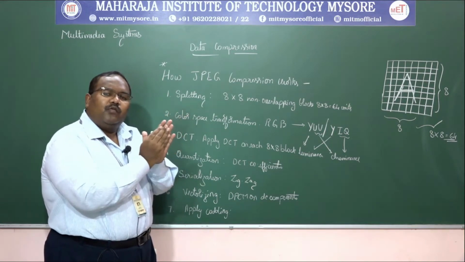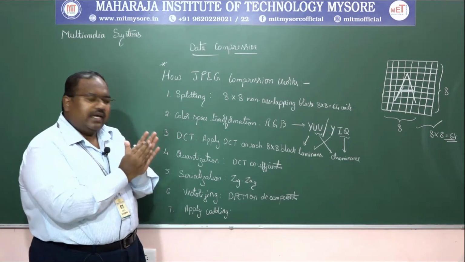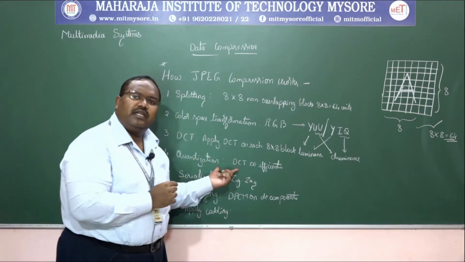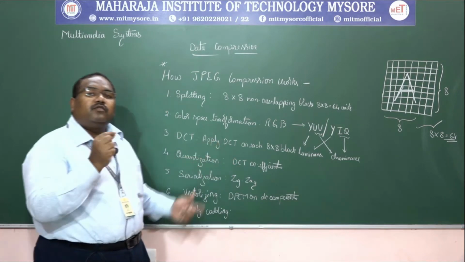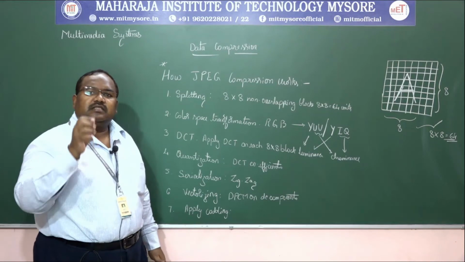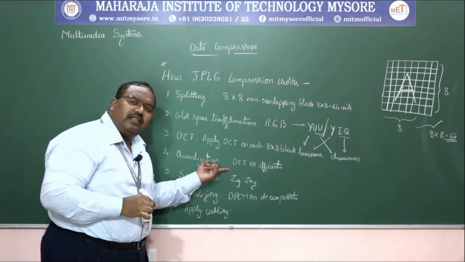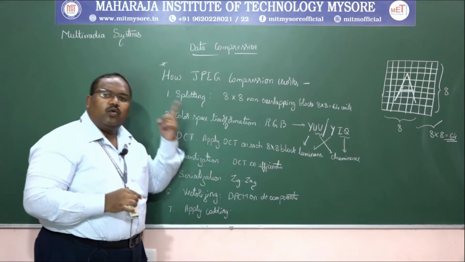Means when we group, we neglect non-similar patterns to some extent. So that is where the loss of information happens. Because JPEG is a lossy compression, there is a bit of loss of information, and that exactly happens in this step, step 4, quantization.